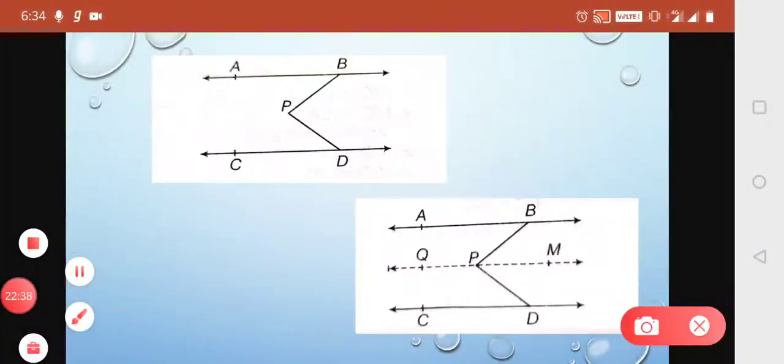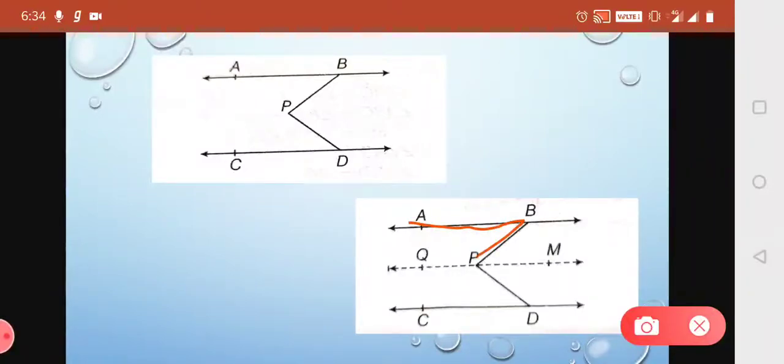Looking at the figure, this angle ABP and this angle BPM make a pair of alternate angles when we take line AB parallel to line QM and line BP as transversal.